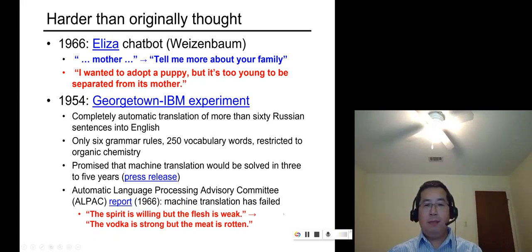And then the next one is another example. You said you could solve it within 3 to 5 years, but after more than 10 years you still could not solve it, and then there was some other argument. The Automatic Language Processing Advisory Committee mentioned that machine translation had failed.